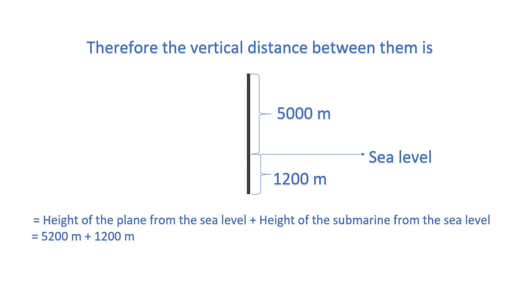Normal addition using the integer rules will give us 6,200 meter, right? Now we have got the vertical distance between the plane and the submarine, which is 6,200 meter, right?